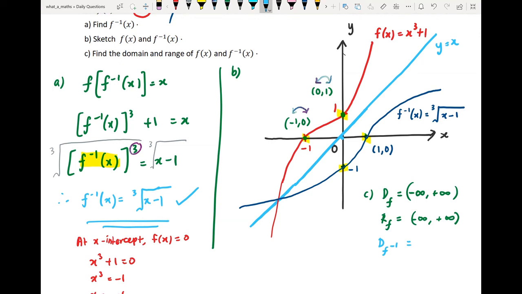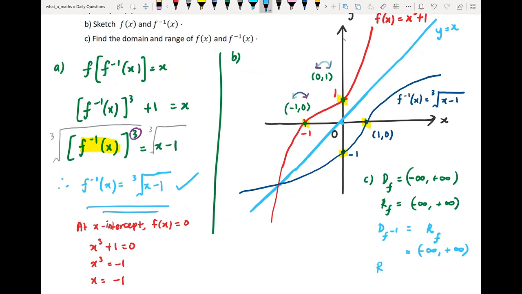Domain of f inverse: again, when we reflect it along the line y equals x, my f inverse will become f. Domain refers to my value of x. When it is reflected, it will become y. y refers to the range. So the range of f is also negative infinity to positive infinity.